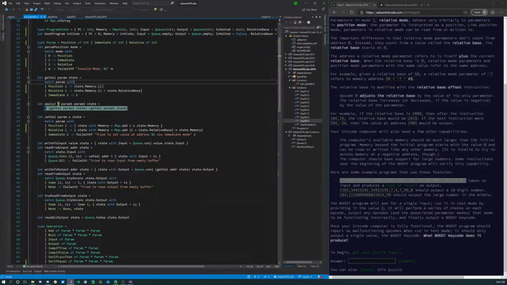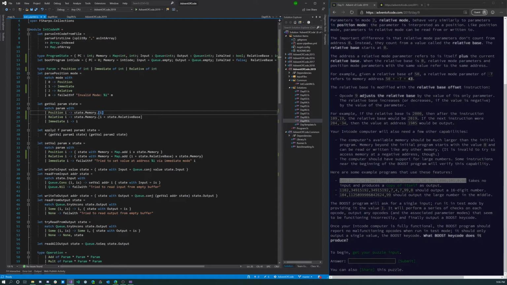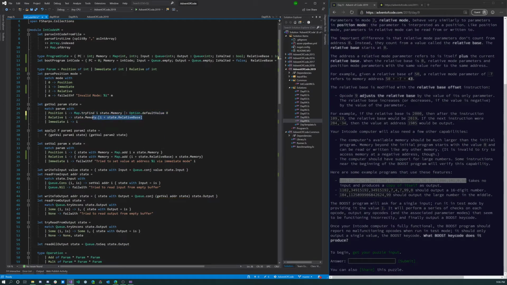Okay, so what we need is a thing here to match map.tryFind, and that's I, and that's state.memory, and that's going to be Option.defaultValue 0, and it's the same here, except it's I plus the state's relative base.